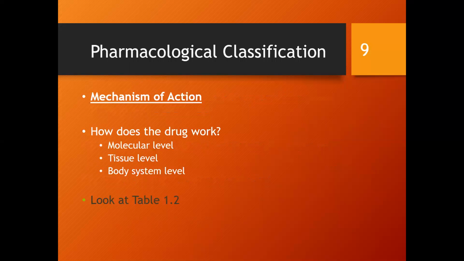Pharmacological classification, okay? This is the mechanism of action, okay? So how does the drug work? How does it work at the molecular level, the tissue level, and the body system level? This is very detailed, and it will be foreign to your patient. That's why we say the therapeutic classification will be the one that we want you to use to tell your patient about the drug.